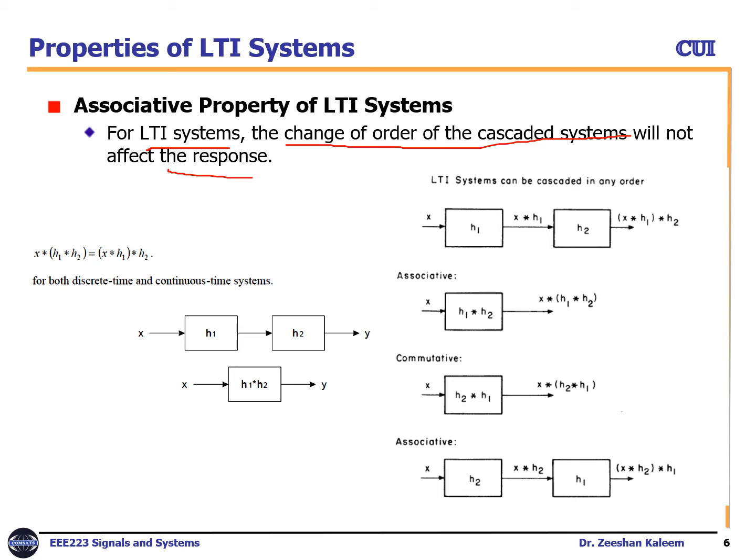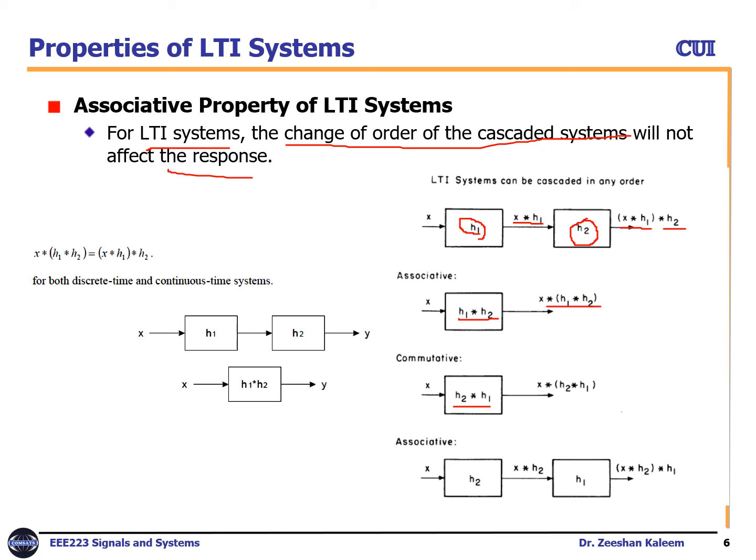For example, if you have x passing through h1, you get the output x * h1, and then you pass it to the system with impulse response h2, and in the end you get x * h1 * h2. So the associative property means x * (h1 * h2) is the same as (x * h1) * h2, and with the commutative property it is also h2 * h1, as you know that convolution is commutative as well.